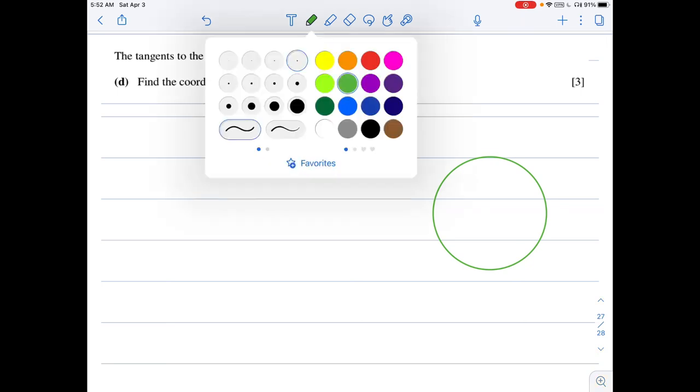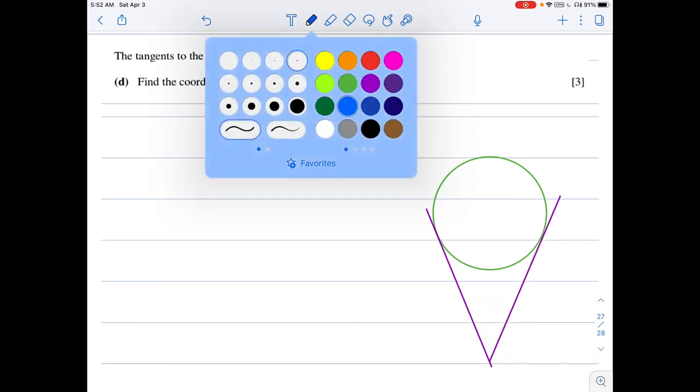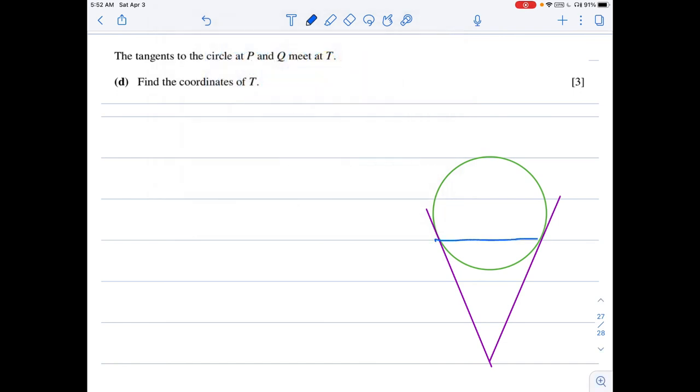I am going to draw a tangent at P and at Q. Now this was PQ. P was 1, 2, and Q is 7, 2. They intersect at T. Find the coordinates of T.